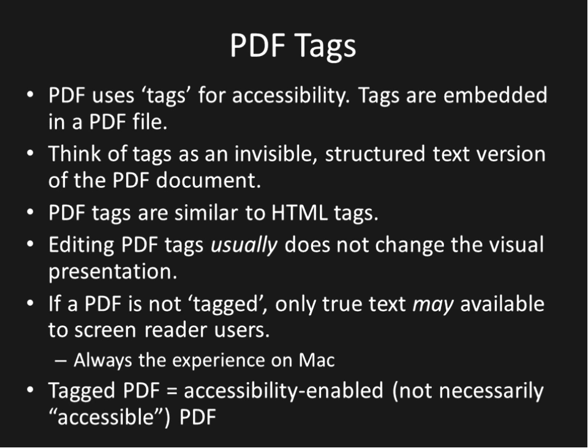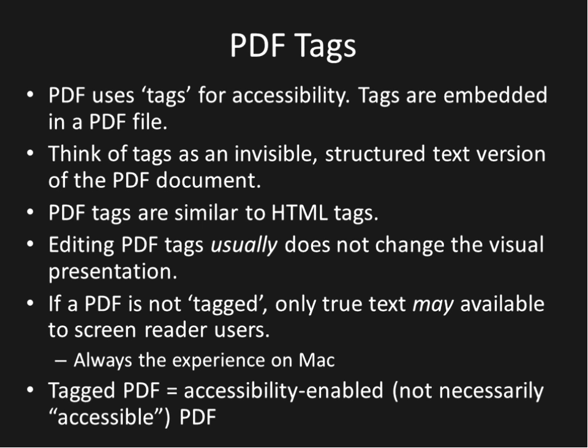Generally, you want the tags to mirror the visual presentation. You want the screen reader experience to be very similar to the visual experience. They don't have to be identical, but you want to ensure that the accessibility is at least parallel. We want to create an equivalent experience or equivalent content.